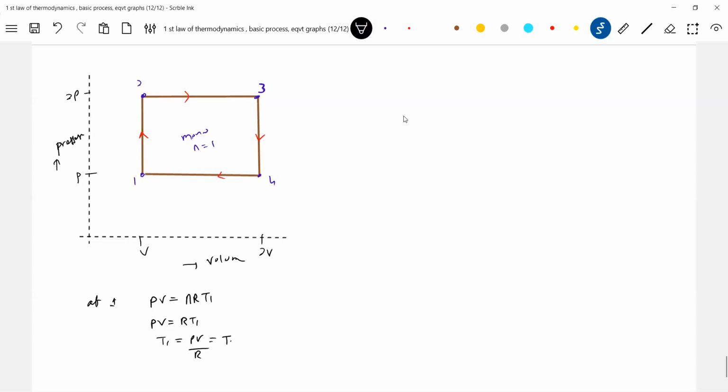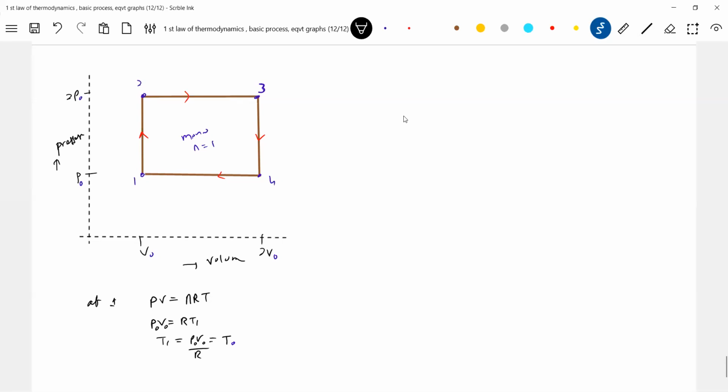We'll call this T naught, so it will be easy for us to compare. What are the pressure and volume there? P naught, V naught. So that T1 we'll call T naught.